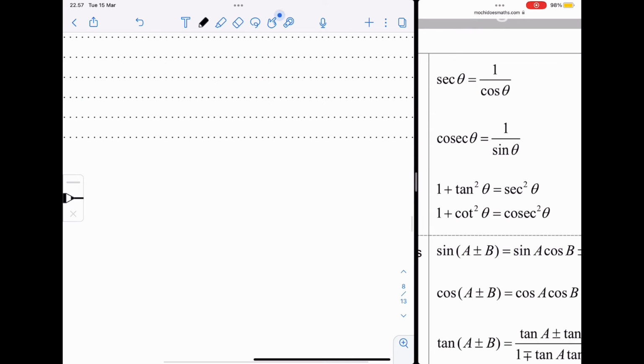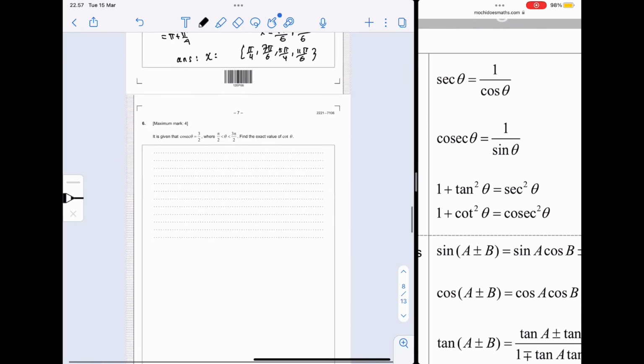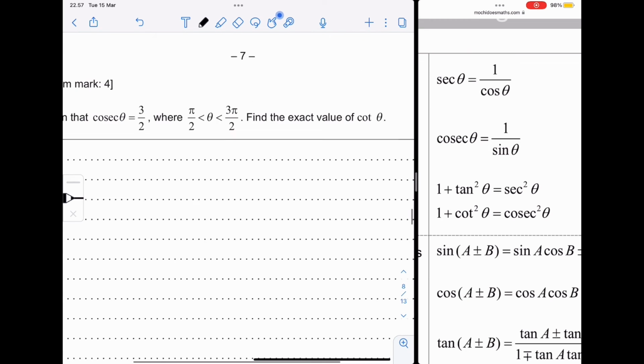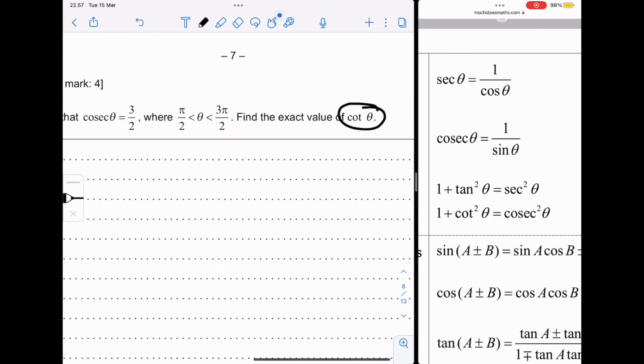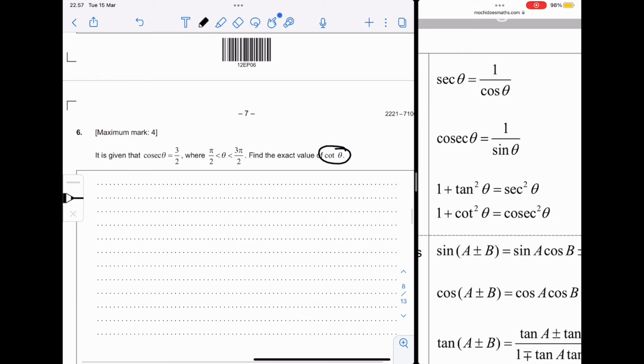They ask for cotan here. So use that identity. 1 plus cotan square angle equals cosec square angle. If you want to find the cotan, then you move the one to the right.